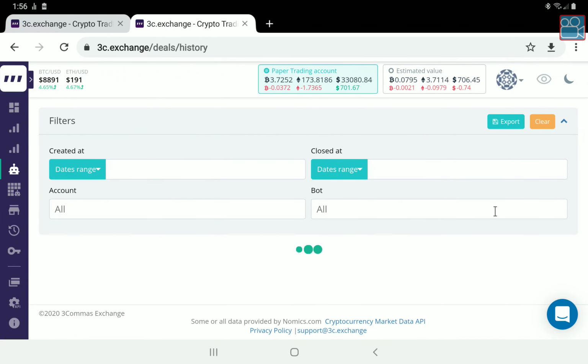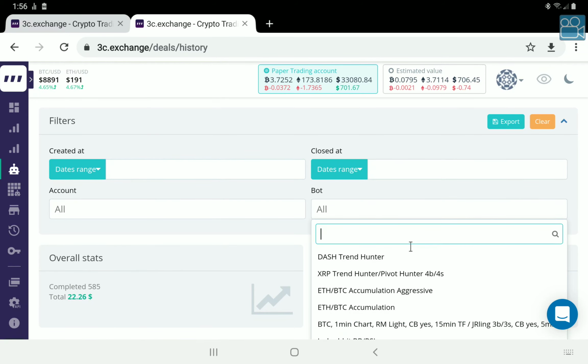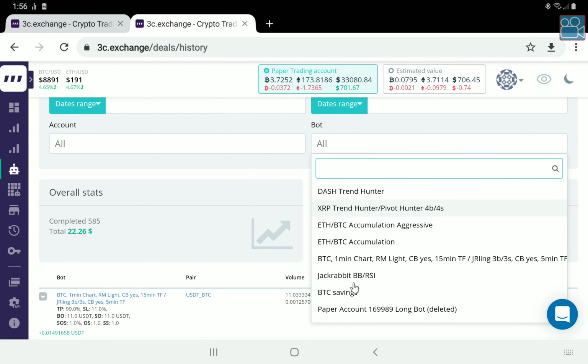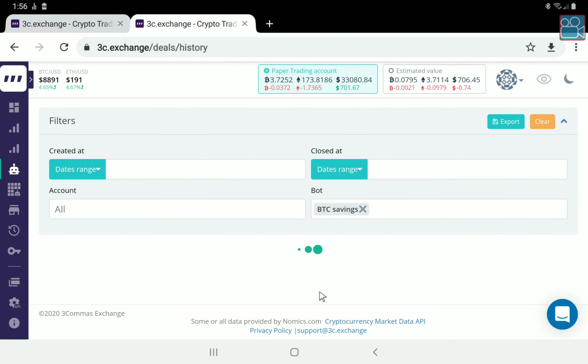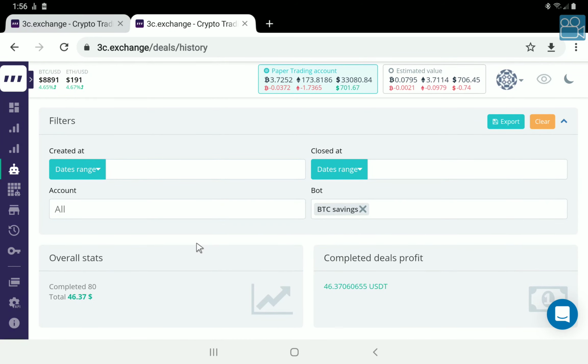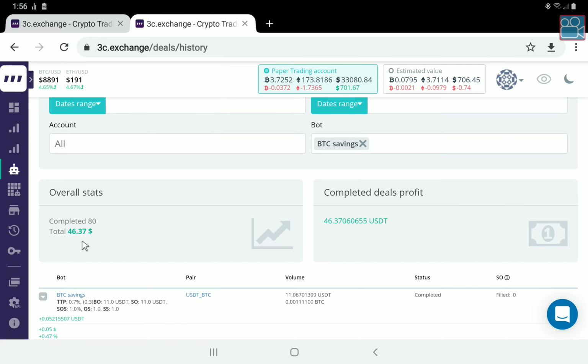Now let's go to the basic blueprint that I'm using both here and with real money. Since I've started this, it's made $46. Again, this is only using the PSAR to drive the buying. Everything else is done with the safety orders.